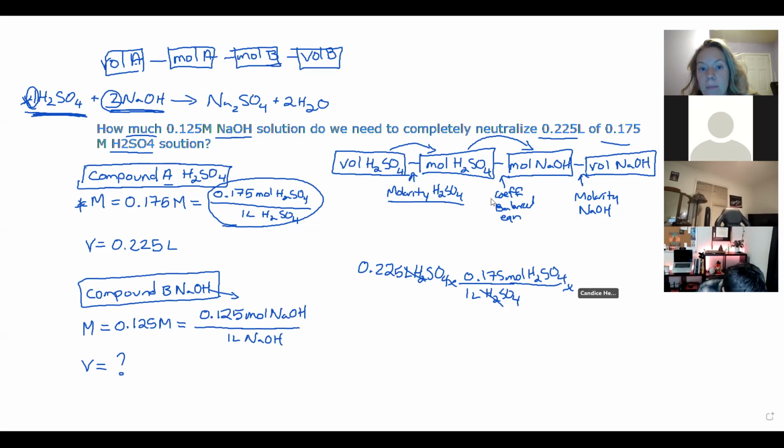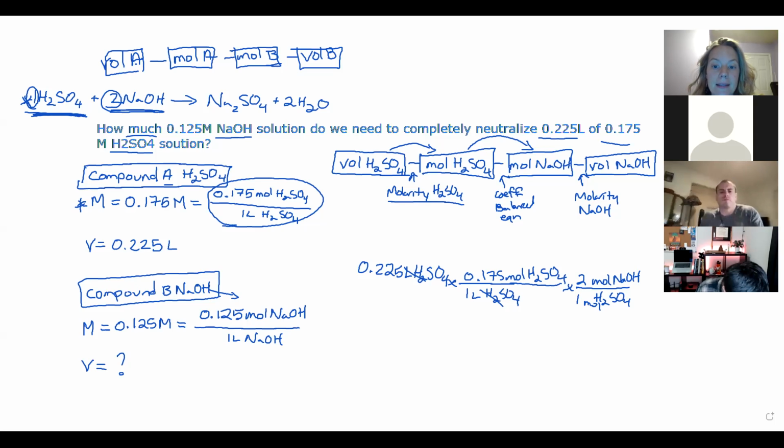So the next step is to put that ratio, the H2SO4 goes on the bottom. The moles of NaOH go up on the top. And the ratio is 1 mole of H2SO4 is 2 moles of NaOH.